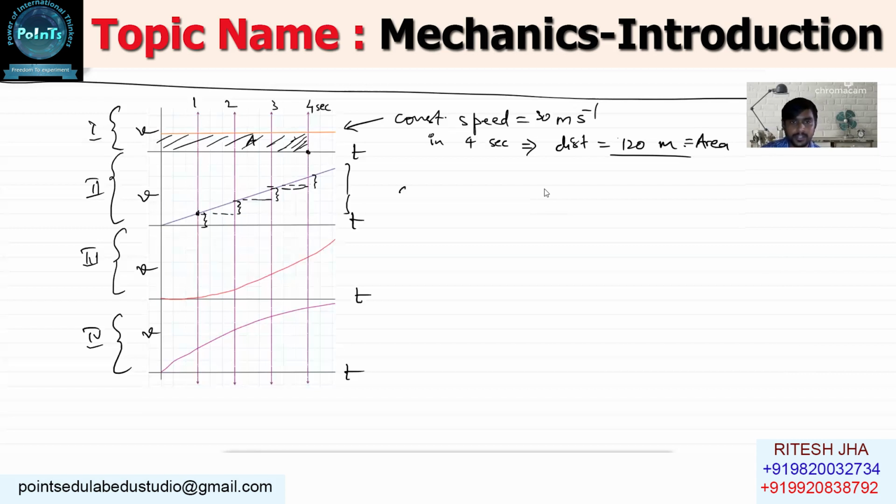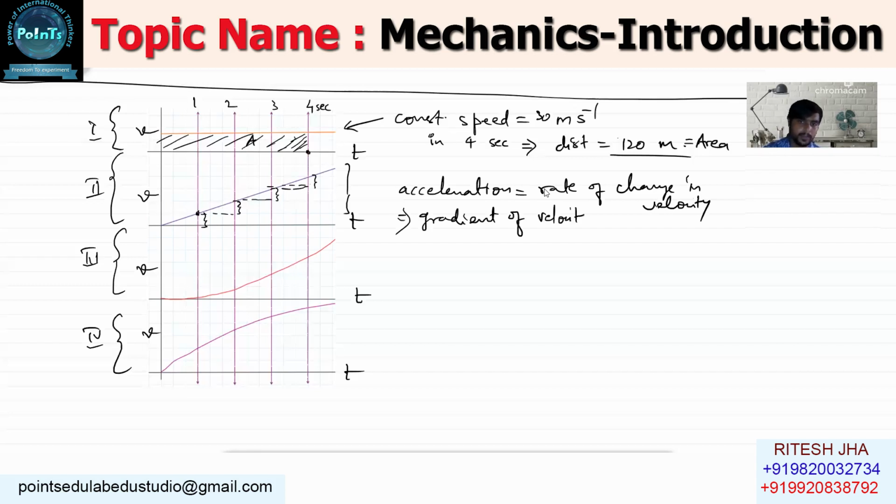So the acceleration is basically obtained by the gradient, by checking how the magnitude of the velocity is varying. So acceleration is basically the rate of change in velocity. And here it is given by the gradient of the speed time graph, or better I should say velocity time graph.